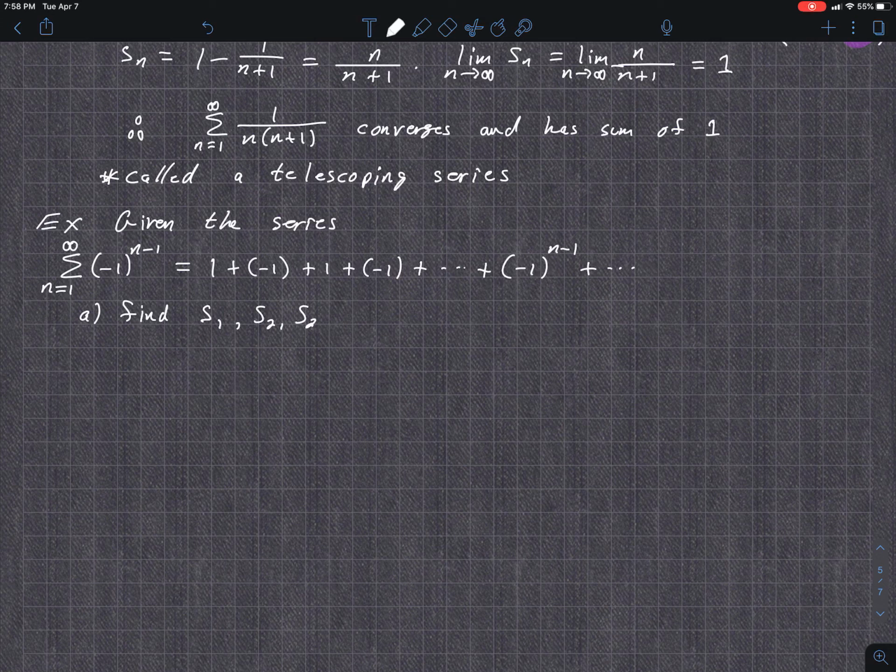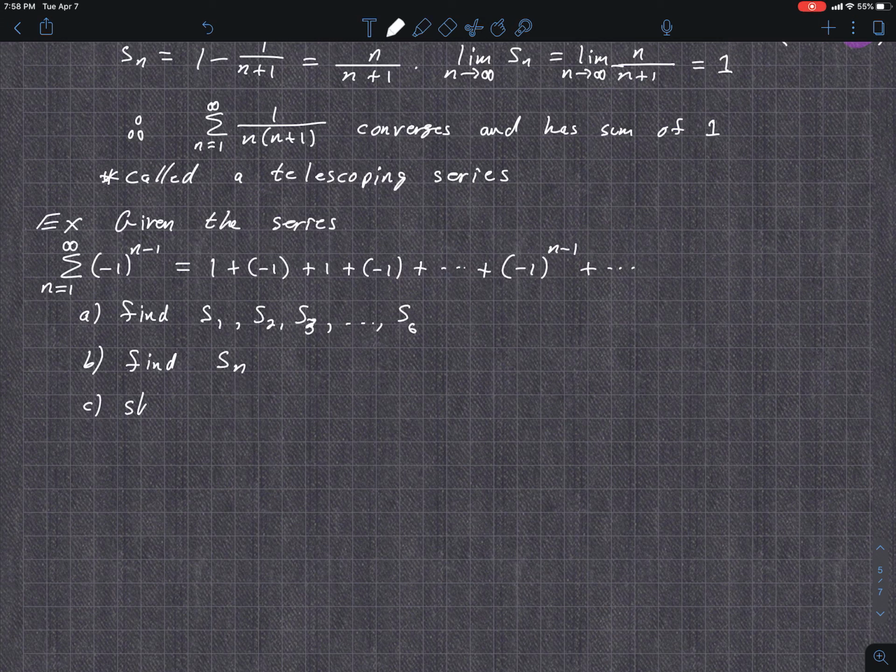So A, same type of questions. Find S1, S2, S3, whatever we can manage, and see what happens. In the book that I'm using, it goes up to S6, but we won't do all of those.